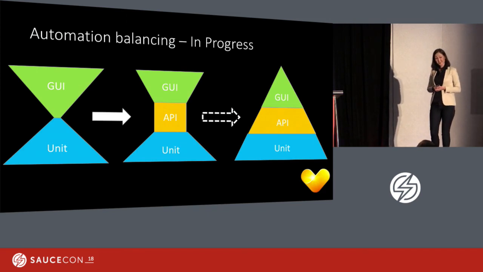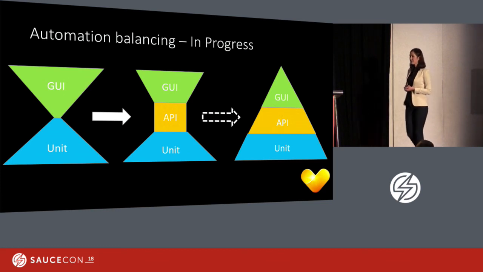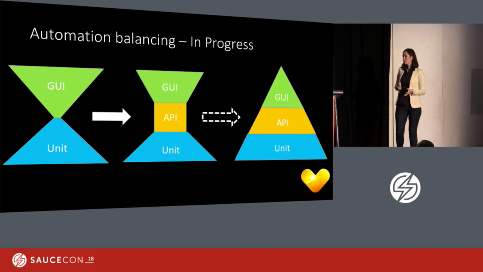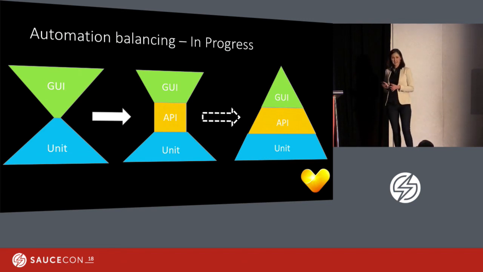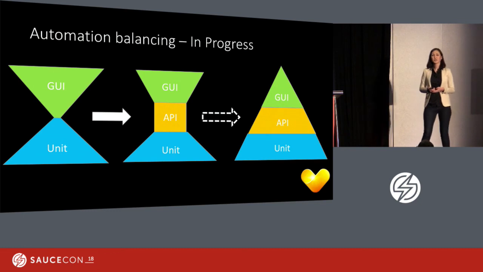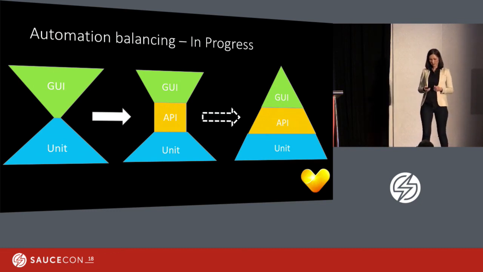We are also working on overcoming our hourglass anti-pattern, to finally go to the proper test level distributions. It's one of the best practices for real optimization of your automation. So we just want our end-to-end tests to be smaller in their number.